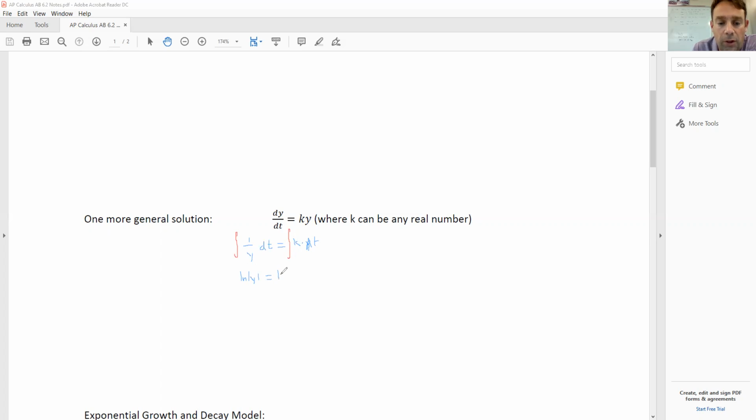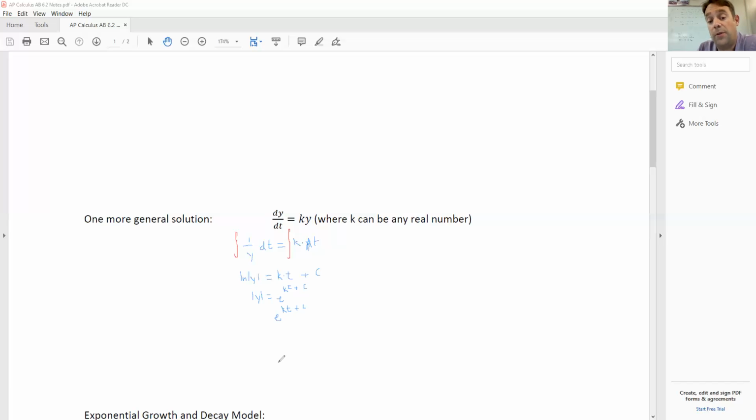So when I take the integral of that side, that's basically just k times that t value. And again, you guys don't necessarily need to know everything I'm doing, but I do want you to follow a little bit here because it's going to end up being something kind of cool. So if I solve it here, I know that this value right here has to be a positive value.